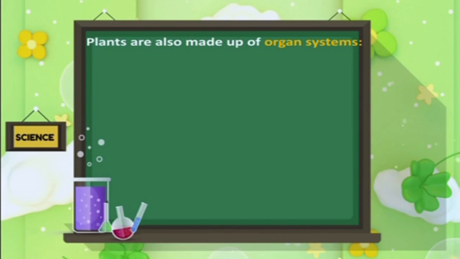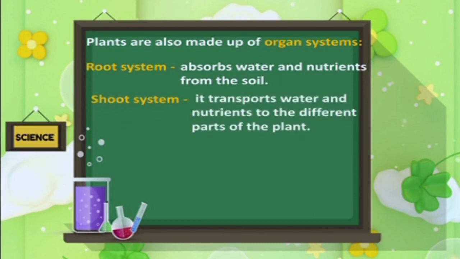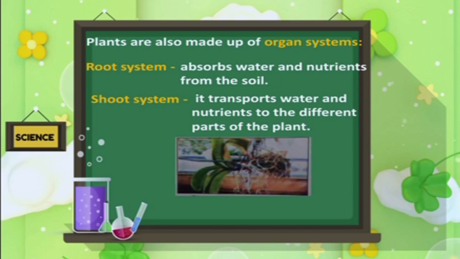The root system absorbs water and nutrients from the soil. The shoot system transports water and nutrients to the different parts of the plant. Figure 6 below is an orchid showing shoot and root systems. It consists of stems, leaves, and roots.